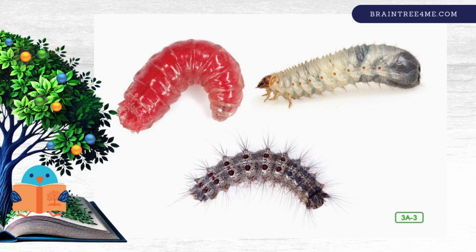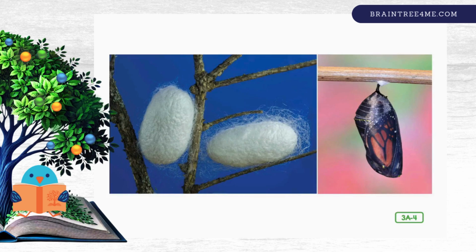They also molt or shed their hard exoskeletons many times as they grow, because the exoskeletons don't grow with them. In this way, insect larvae grow larger each time they molt, until they are ready to change into adult insects. Once the larvae have eaten all that they can eat, they take a break.